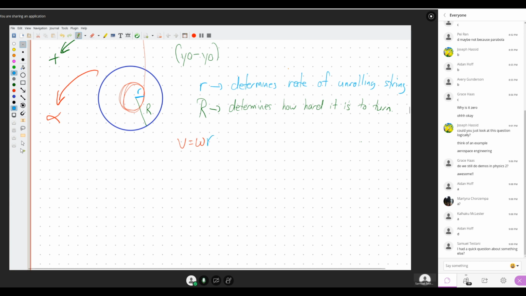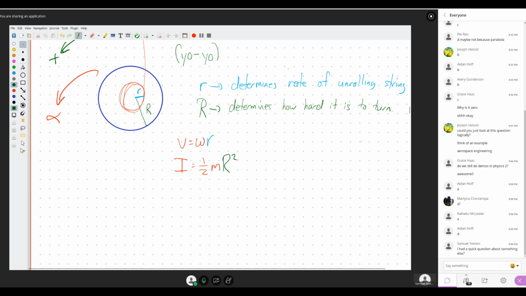Little r, because that's the one the string is unrolling from, right? Which one determines the moment of inertia? Big R. Yep. So if this is a yo-yo where we're treating the slot as small, then this is big R squared. Does that make sense? Yeah.